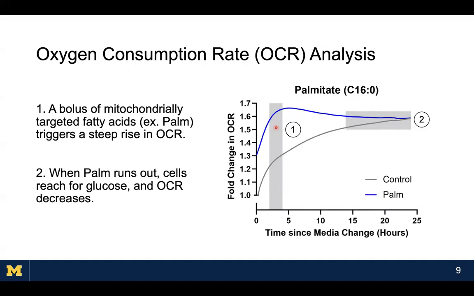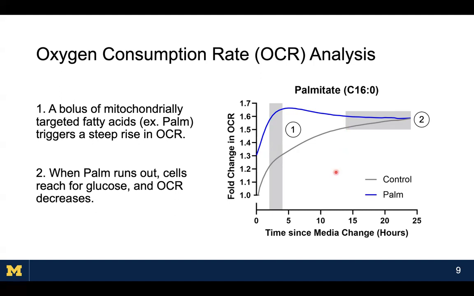So OCAR starts to decrease, and we've shown that glycolysis increases around this time point as well with another device we have called a Lysel mode that senses the glucose and lactate concentration in the media. And we know that glycolysis increases, or glucose consumption increases, at this time point when OCAR is decreasing because all the palmitate has been used up.